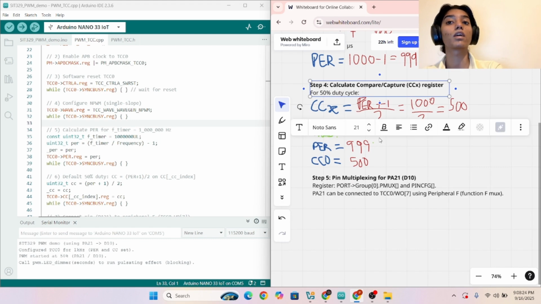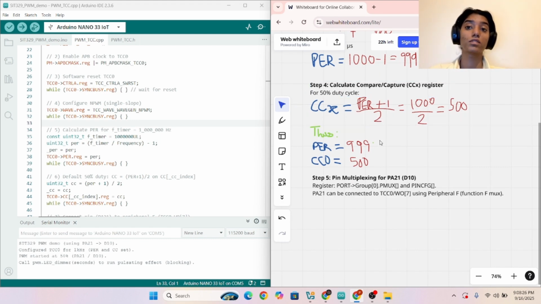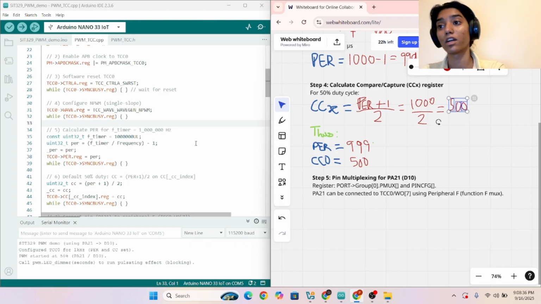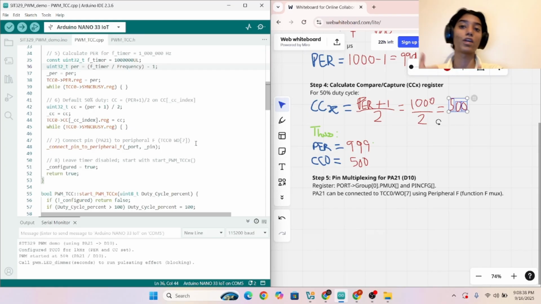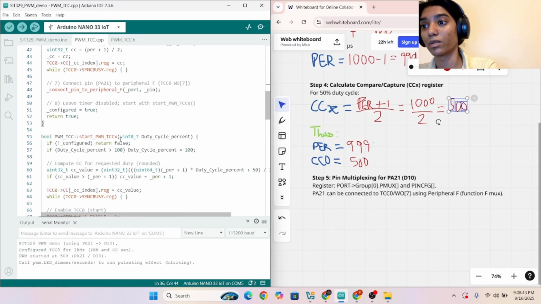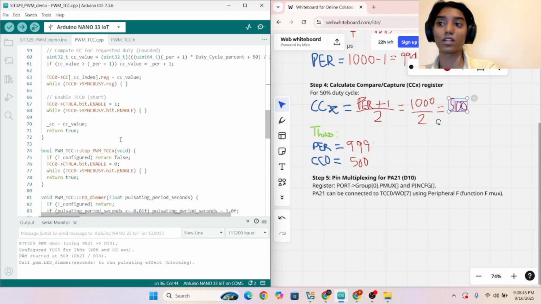Now, in order to calculate the compare capture, that is the period plus 1, which would give us 1000, divided by 2, ultimately giving us 500. So that's why when we are talking about the half duty cycle, it is denoted with the help of 500 in the code.